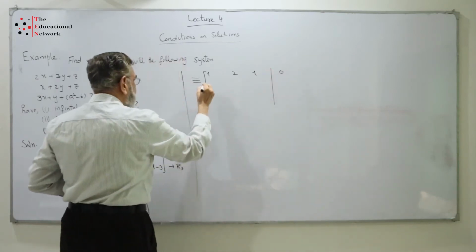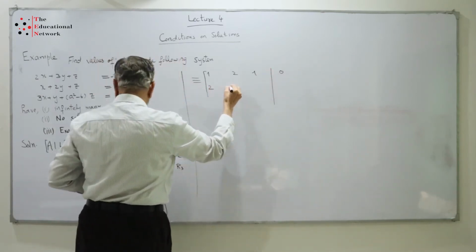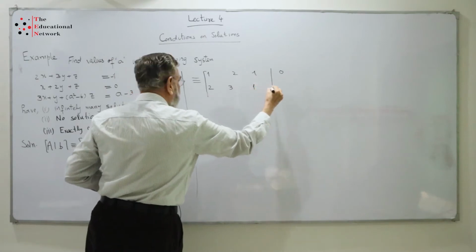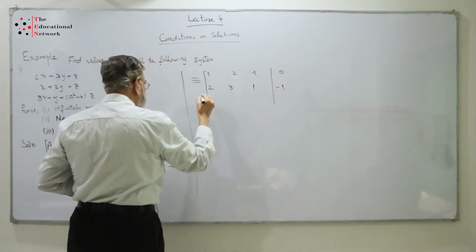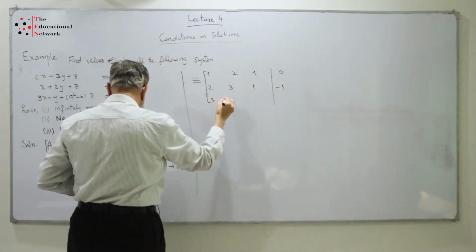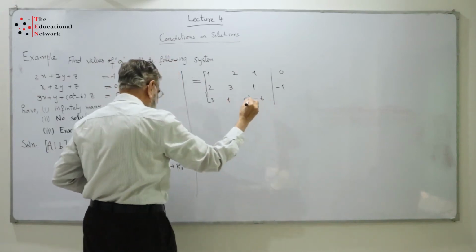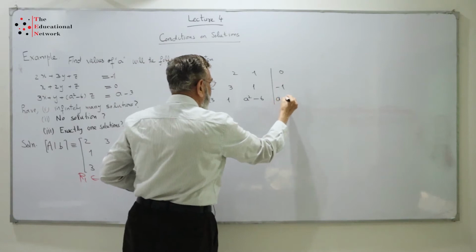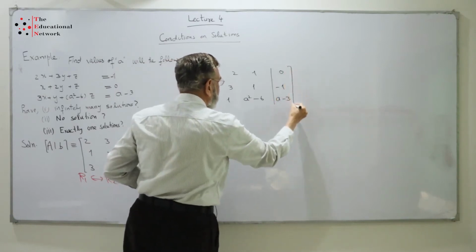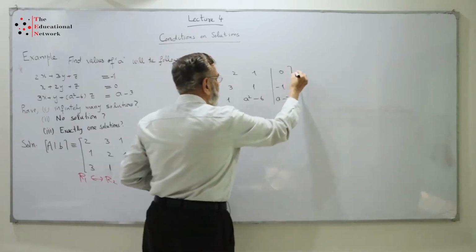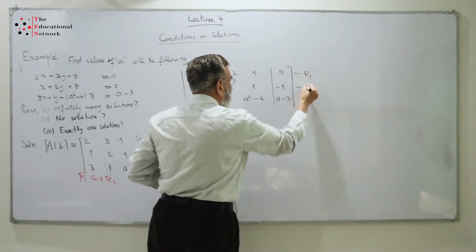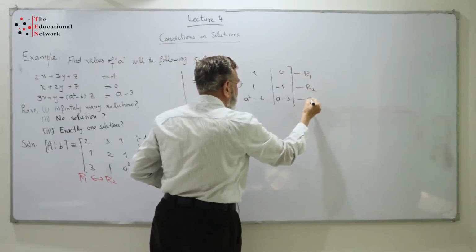Now my second row becomes 2, 3, 1 and -1. And my third row is 3, 1, a square minus 6, and a - 6. This is the new augmented matrix form. Now this is my new row 1, this is my new row 2, and this is my row 3.